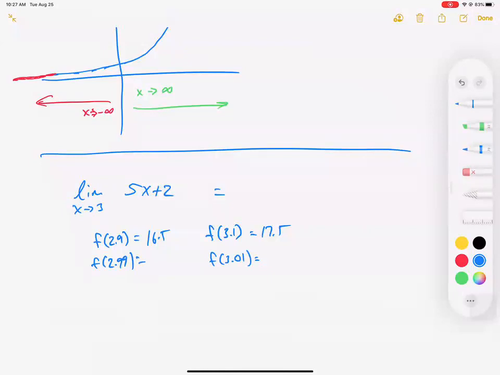2.99 times 5 plus 2, we're at 16.95. On my right side, I'm getting 17.05.